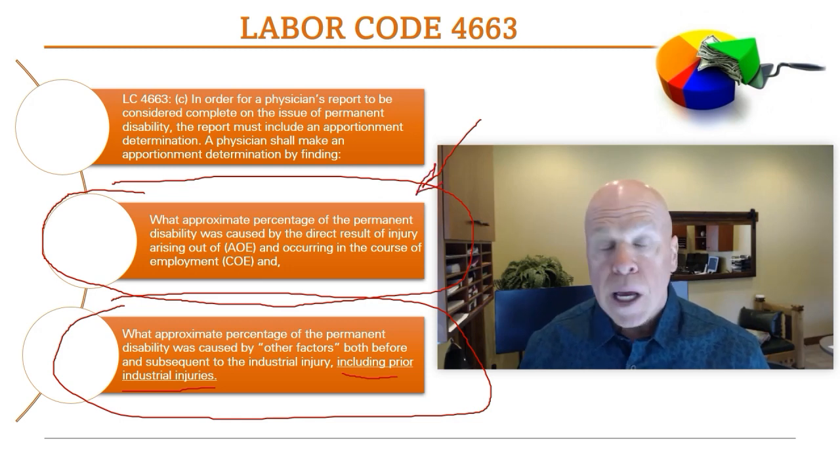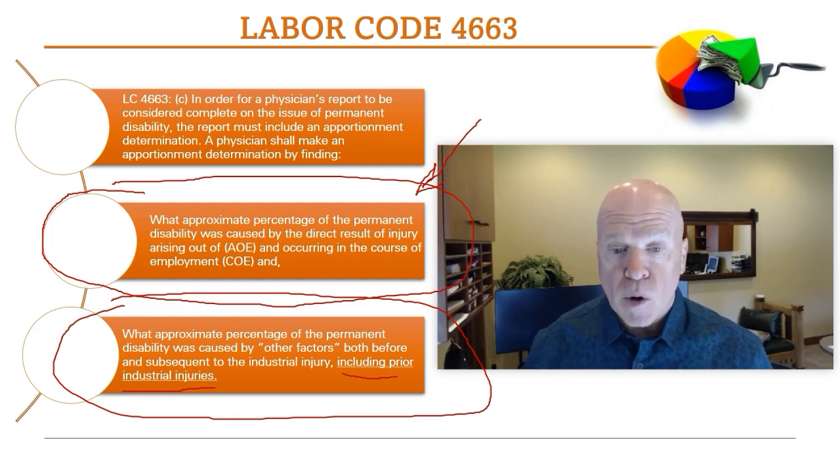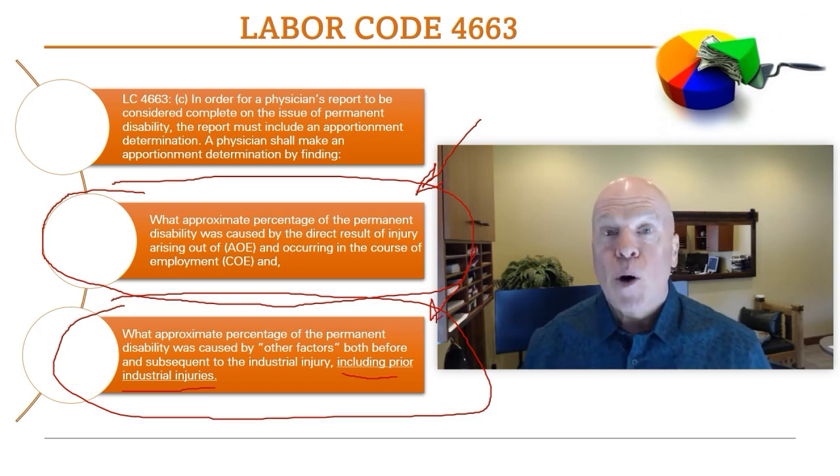This is the percent that the employer is going to buy, is going to pay for, is liable for, is going to pay out for. The second percentage is the percentage that has to be borne or burdened by the employee.